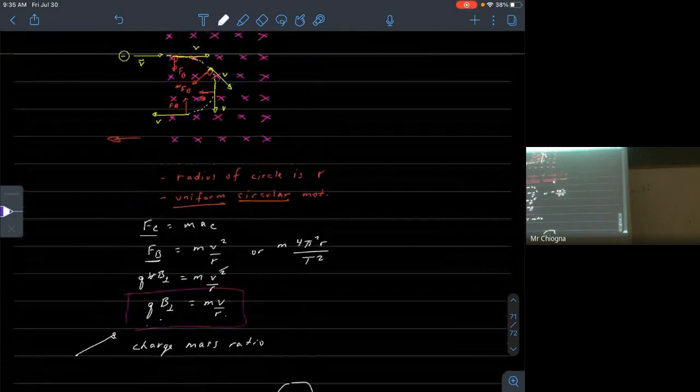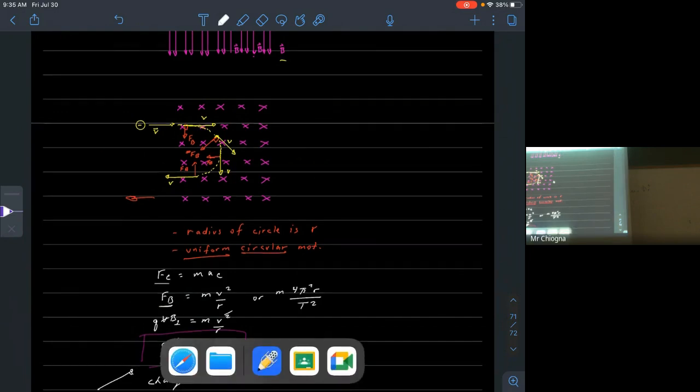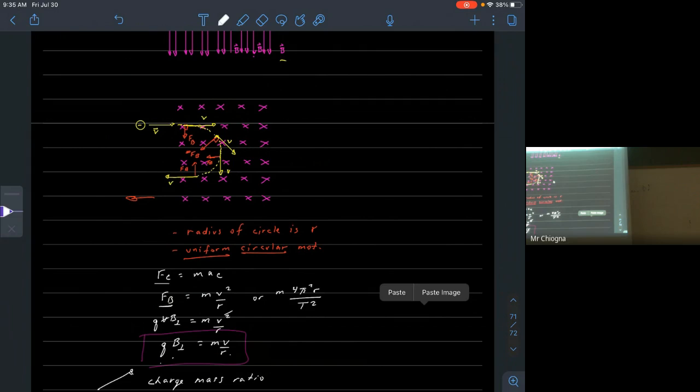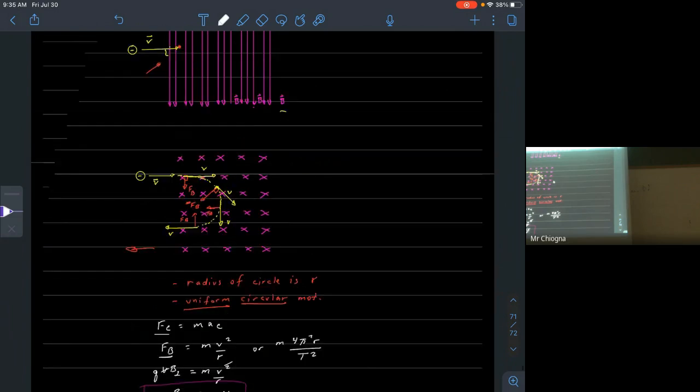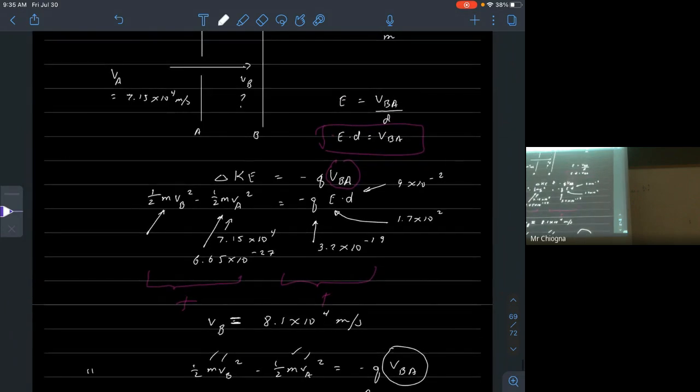In the diagram. Yeah, for V_BA, you wrote that it could be found by E times d. Can you just explain how that works?